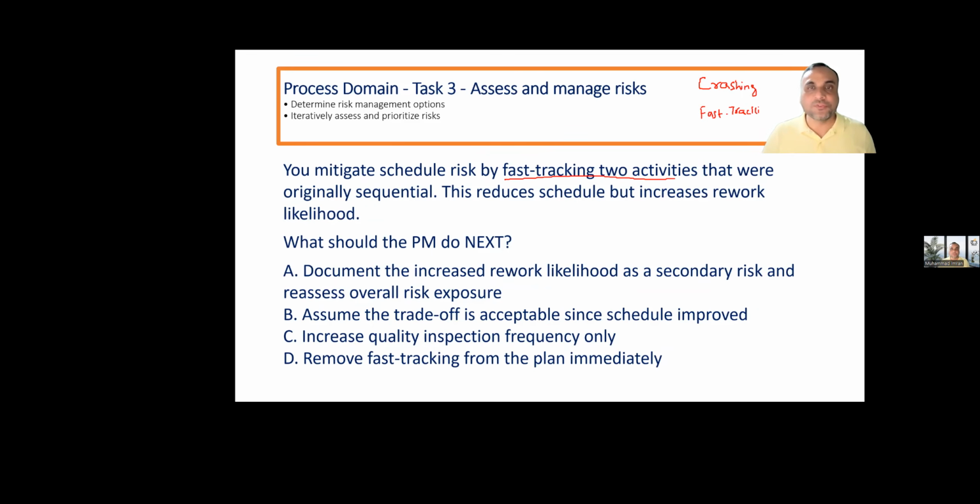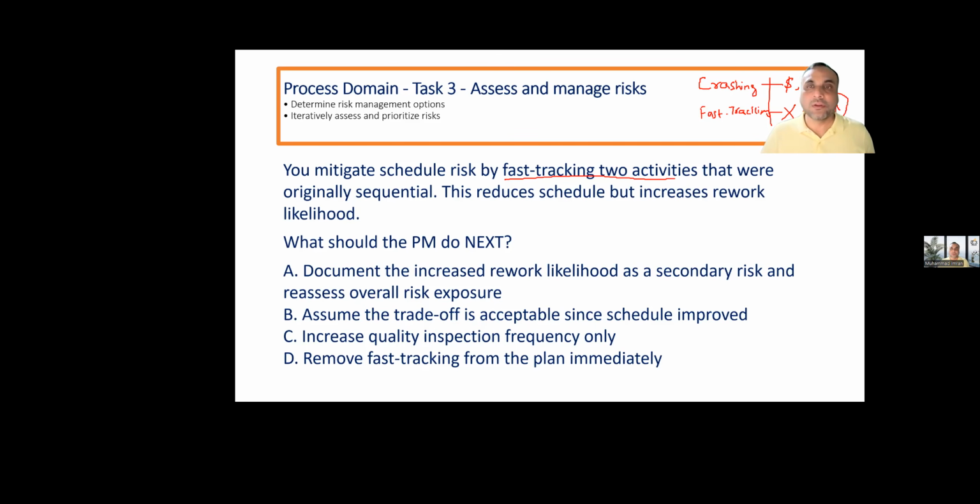Let's clarify the information before we go and read the answer. Crashing is we add resources, risk increases also. Fast tracking, we don't have budgets available, so we do the activities in parallel. And when we do in parallel, the risk is higher than the cost.